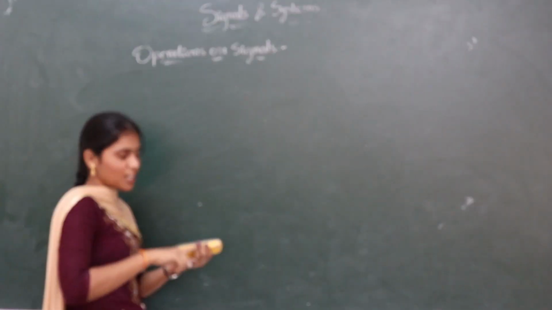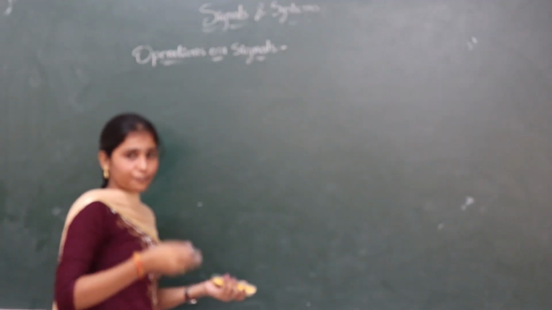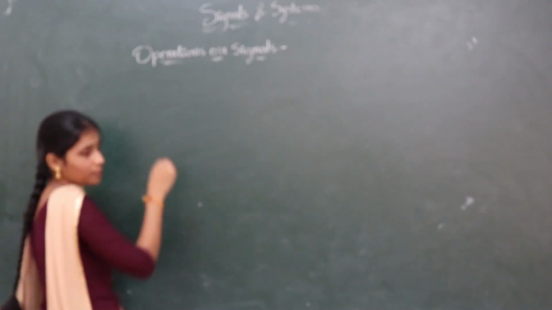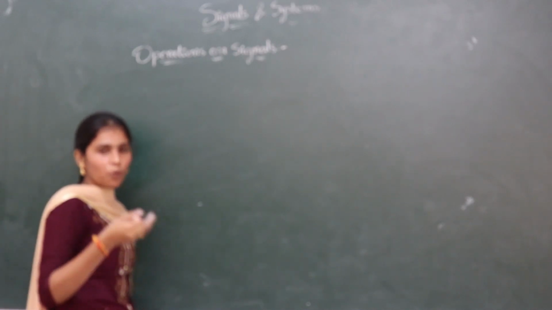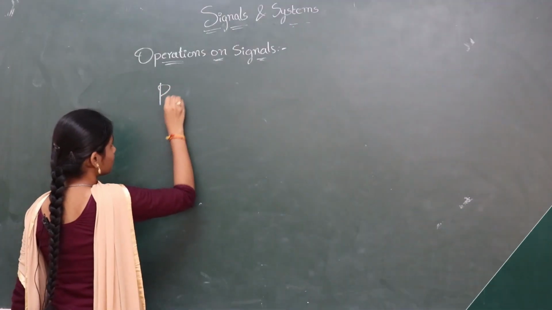We can have a doubt: if in problems these three operations need to be performed, then which one should be operated first on a signal? As we have the BODMAS rule in mathematics, in signals also we have a precedence rule.